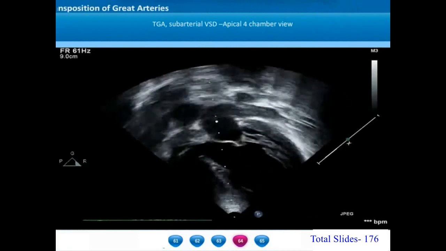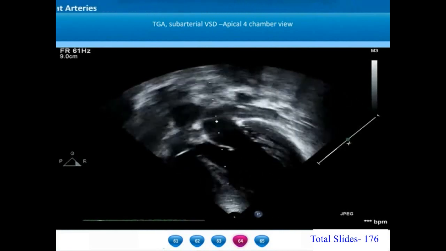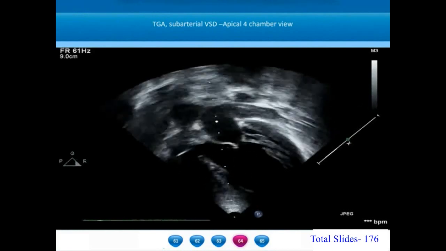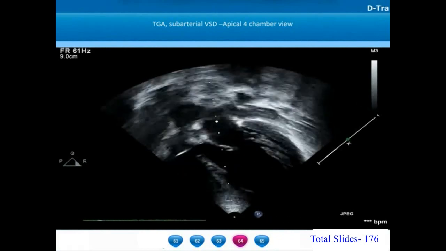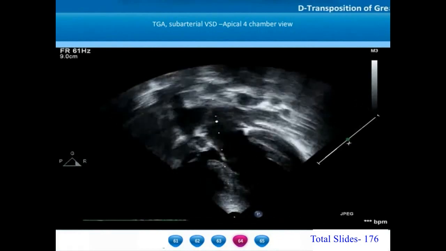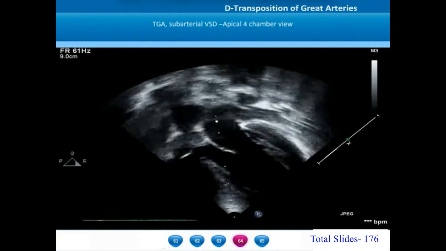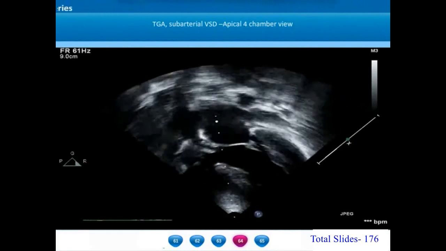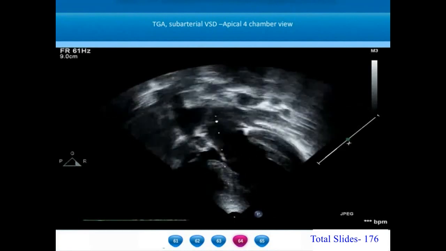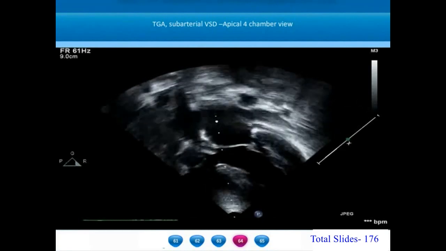The conal septum between the aortic and the pulmonary annulus is posteriorly deviated towards the subpulmonary outflow tract, causing a narrowing of the subpulmonary outflow tract. This posterior malalignment of the conal septum as against the trabecular interventricular septum causes a malaligned VSD.